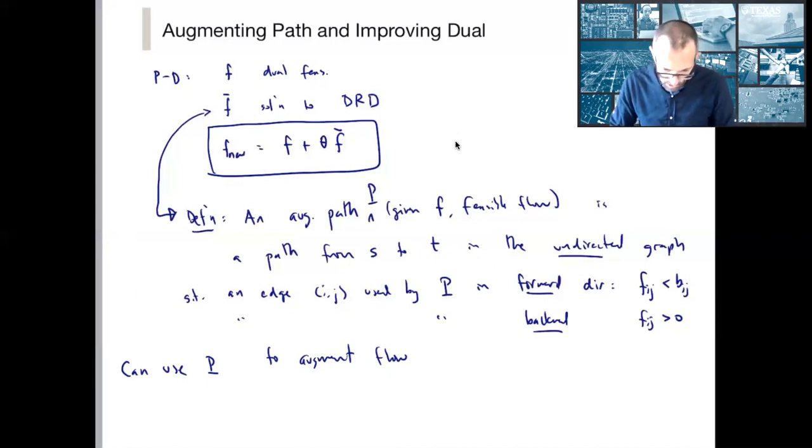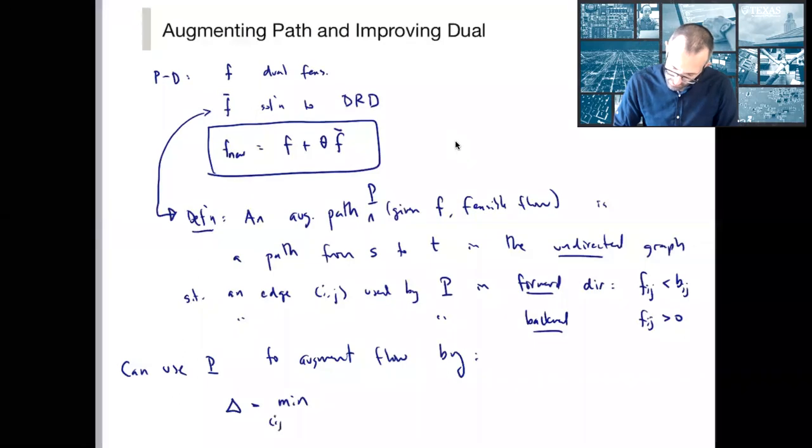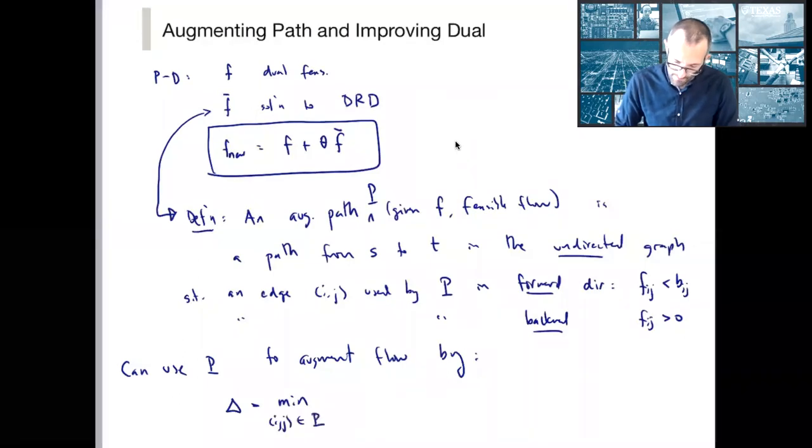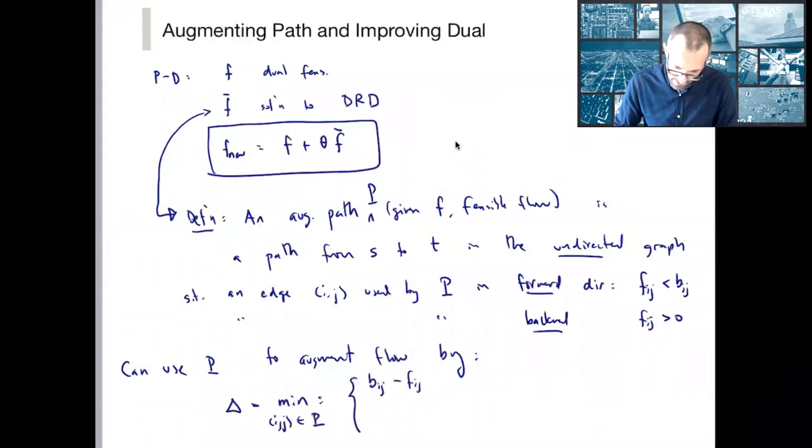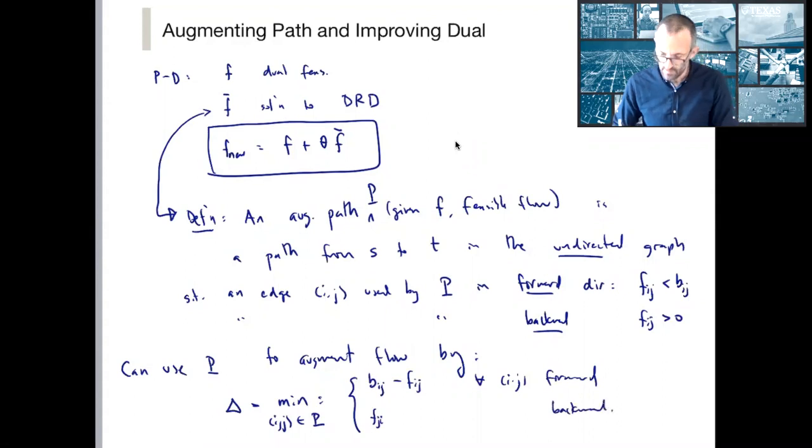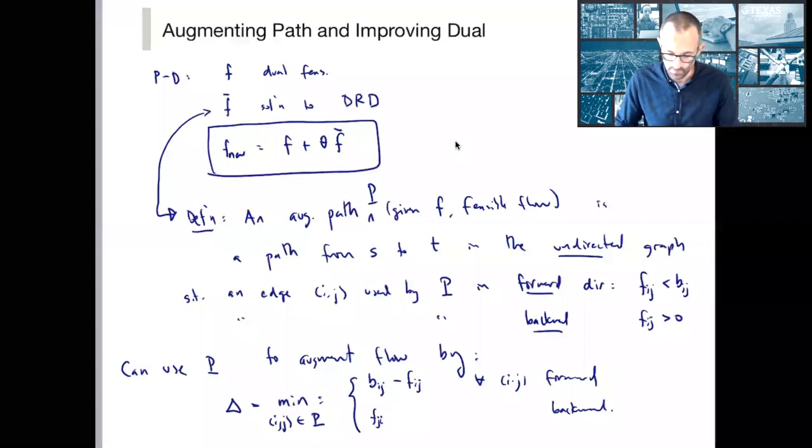So we can augment the flow by some amount, let's say delta, equal to the min over all edges used by my path of Bij minus Fij for all ij that were forward edges in P, and Fji for all edges that were backward edges. You can look back at that example from the previous lecture to see exactly where this comes from.